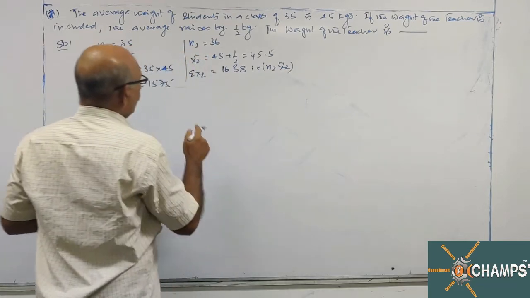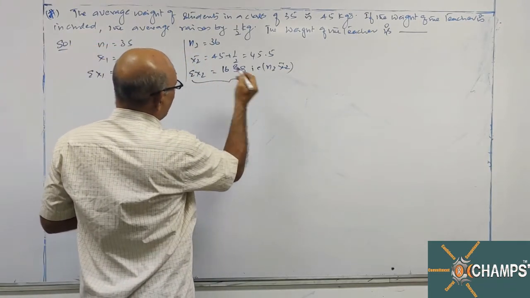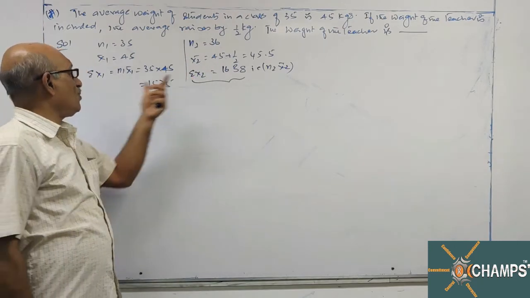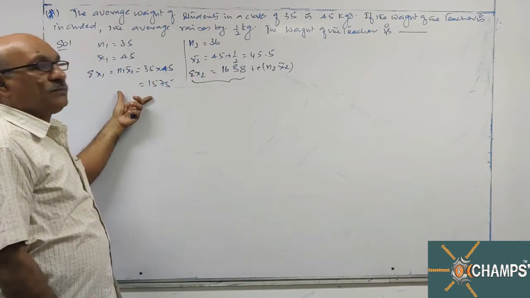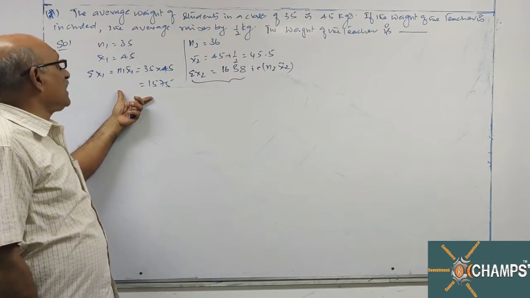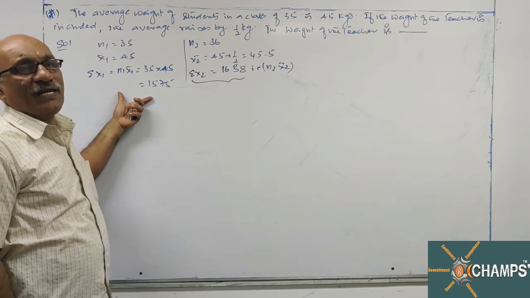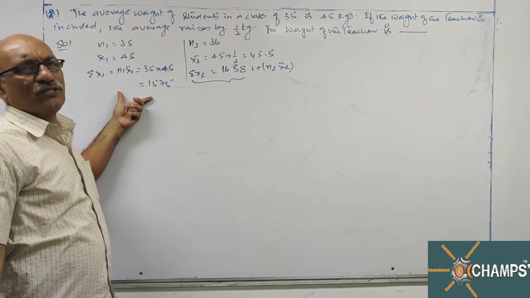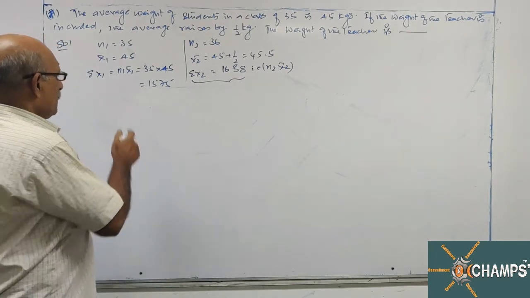Now from 36 students total, if I subtract 35 students total, I'll get 36th student weight. 36th student is nothing but teacher.